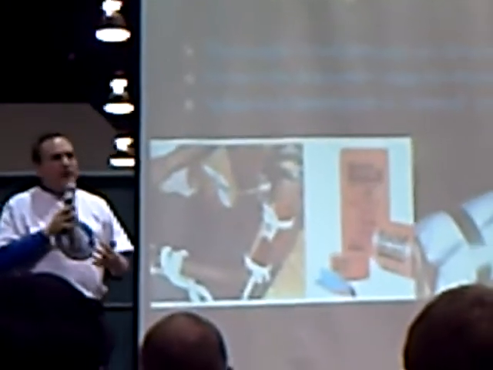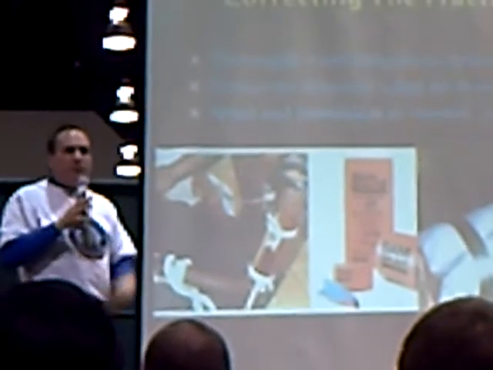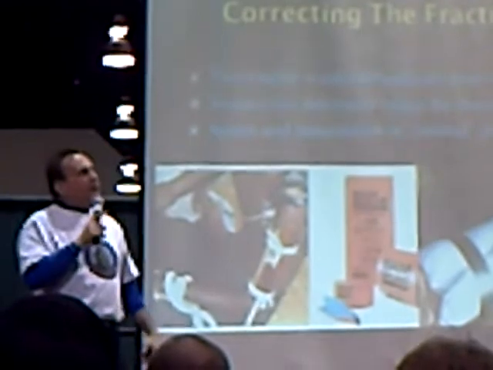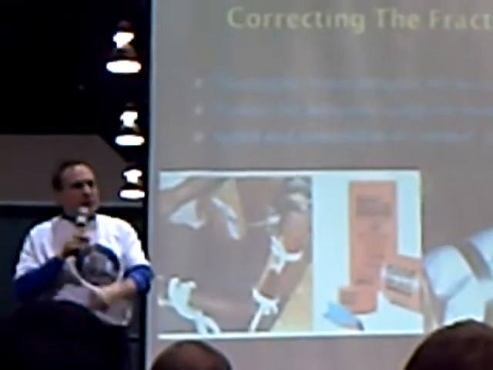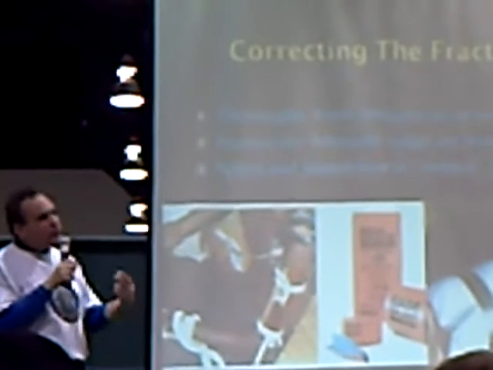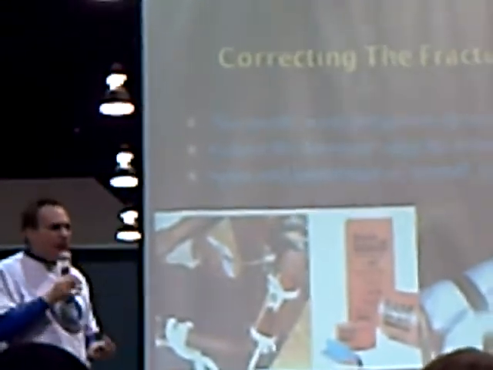Now, correcting the fracture. Of course, anytime you have an open wound, you have to irrigate it. When I say irrigate, I mean you take either a dilute solution of povidone iodine or Betadine solution, some salt water solution, or you even take just sterilized water and you wash it thoroughly out, get all the debris out, get all the blood clots out, do the best you can to get that as clean as possible.